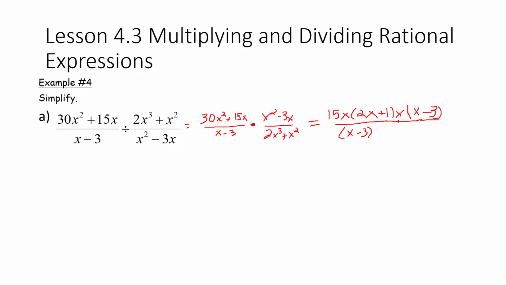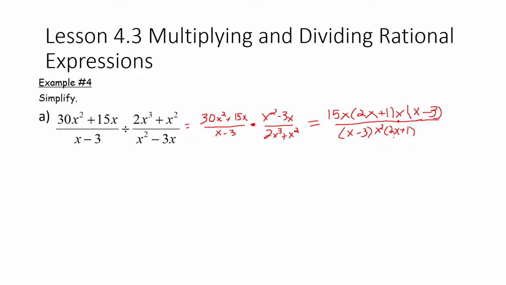Now in the bottom, 2x cubed plus x squared. The only thing you can pull out is the shared x's. They both have an x times x that you can pull out. So x squared, and you're left with 2x plus 1.